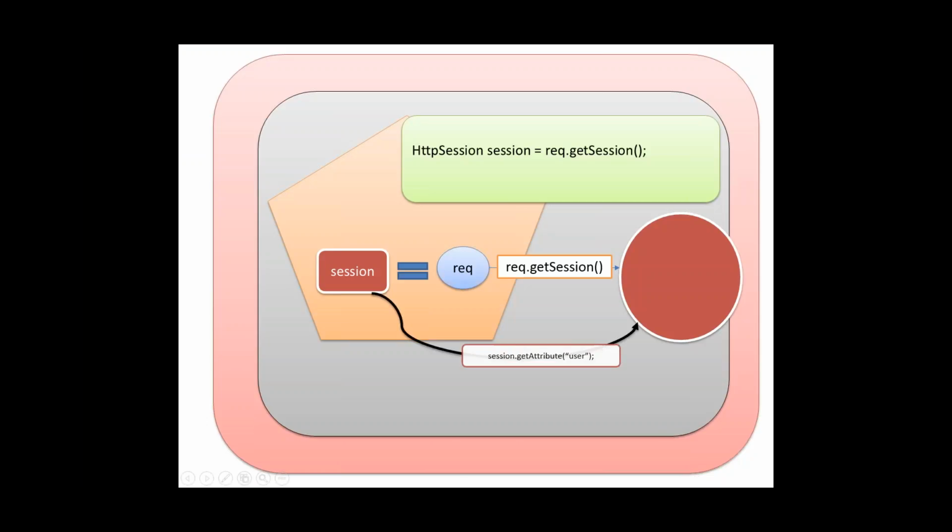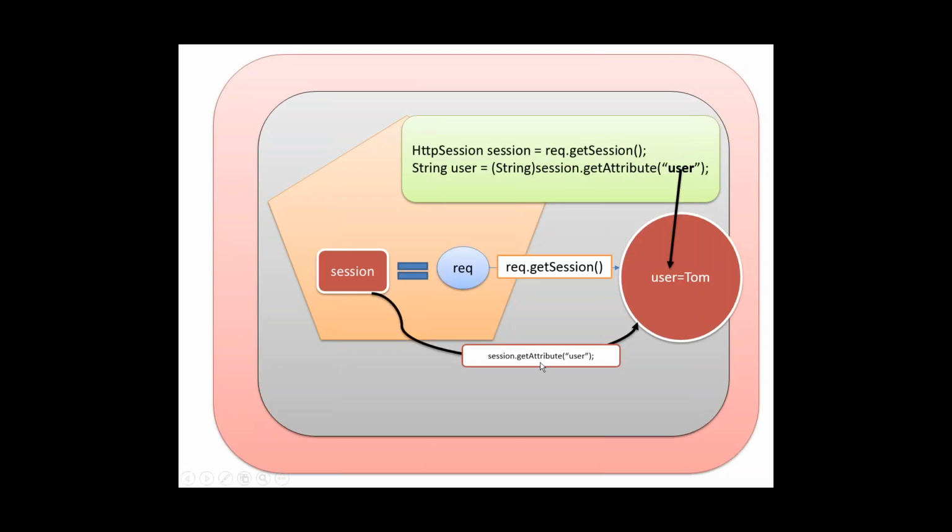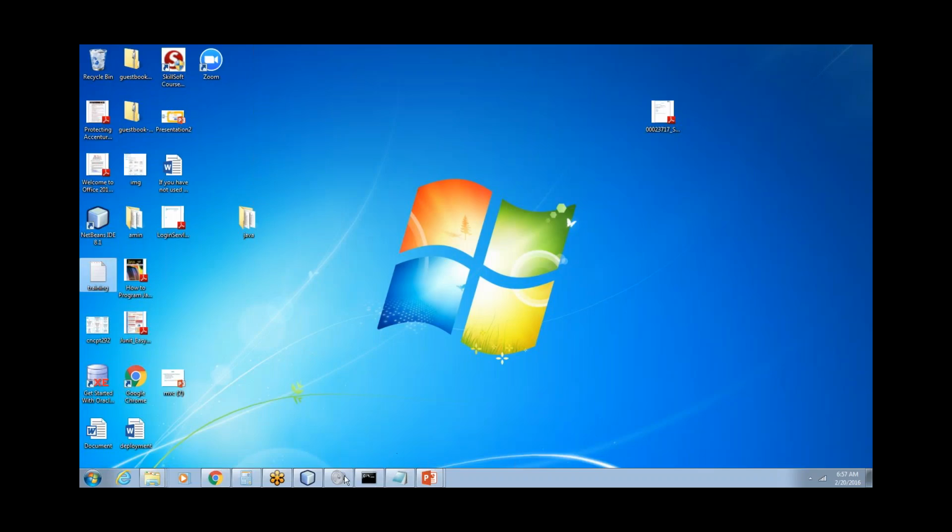When the control is going to the home page, you have to retrieve it. session.setAttribute stores it into the session scope, and session.getAttribute, HTTPSession.getAttribute of user, retrieves it from the scope. And if you have to print it, you can make use of out.println. So let us do that.